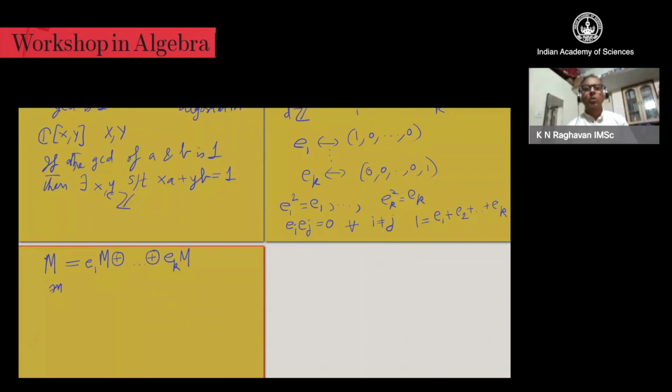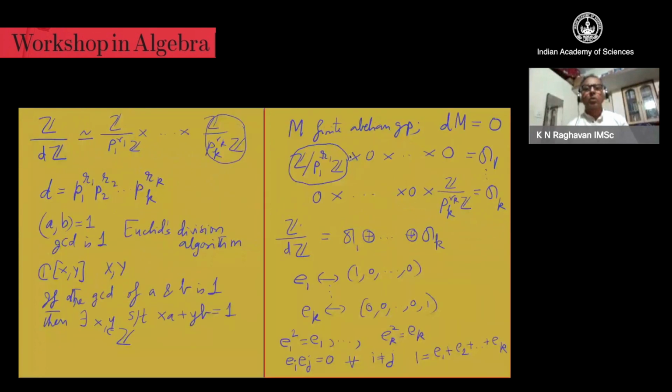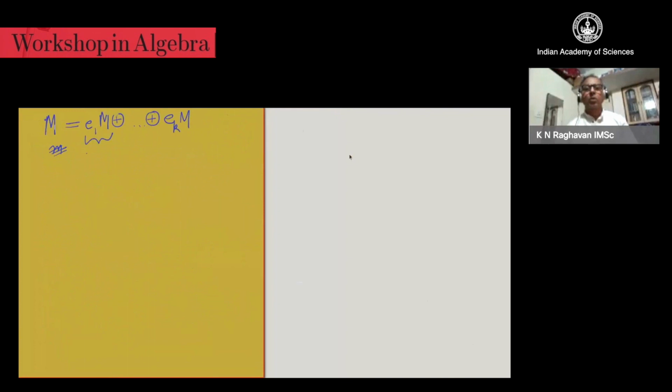And so what we do get is that this is a module. So what was this? So remember, E1M will become a module over Z mod P1 to the R1 Z, because if you wish, it is killed by all the E2, Ek.